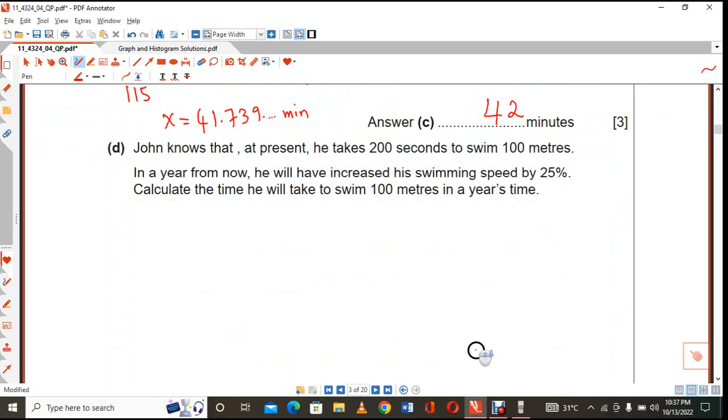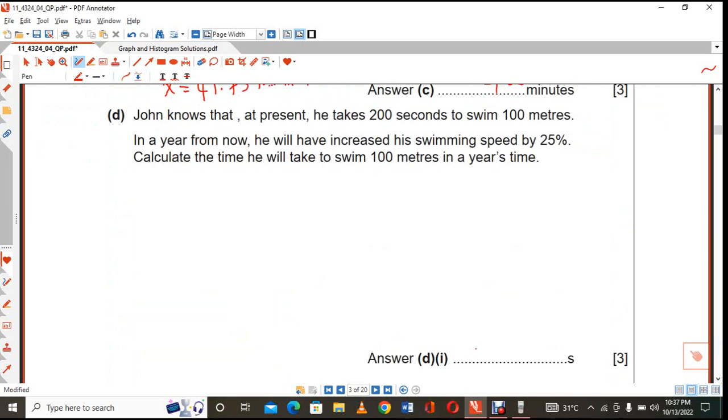Part D, John knows that at present, so this is a totally different question, although it's the same scenario of swimming. Now you're told that presently he takes 200 seconds to swim 100 meters. Let us just look at what we have before I continue reading the statement further.